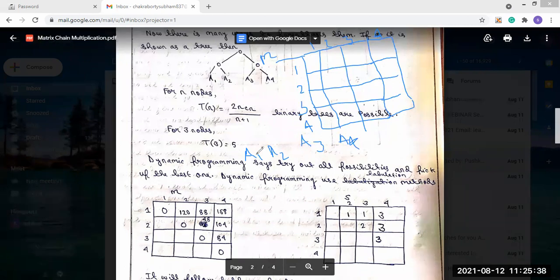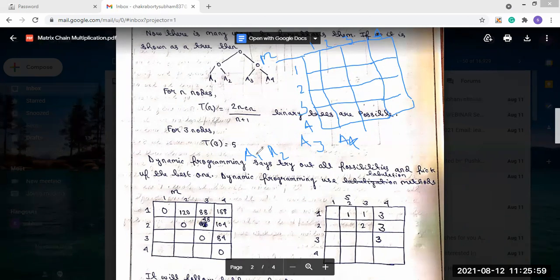Now if we only consider the A1 matrix, A1 is not multiplied with anything. At first we are considering only one matrix, so A1 is not multiplied with anything.